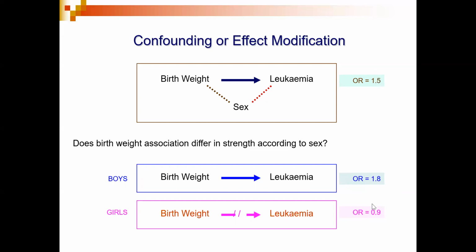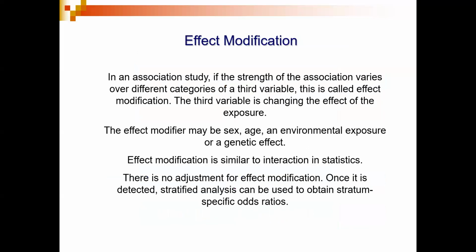But in this case, you see the stratum-specific odds ratios are different for each stratum: for boys it's almost double that for girls. So there's a multiplicative effect in terms of the odds ratio, and sex is an effect modifier because of the difference in the odds ratio between these two.